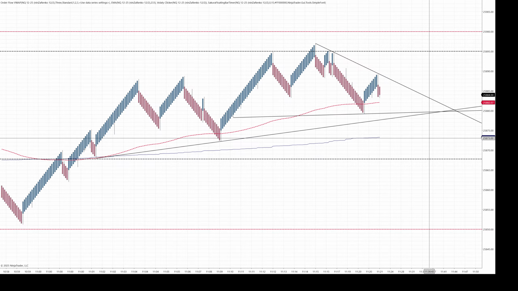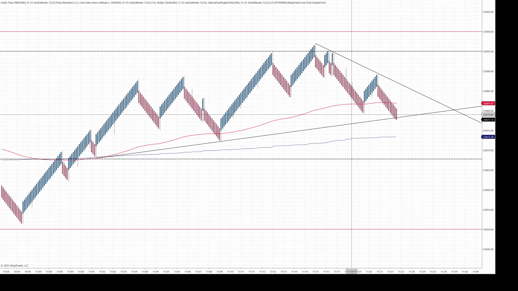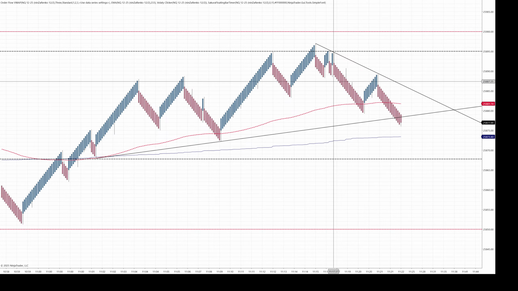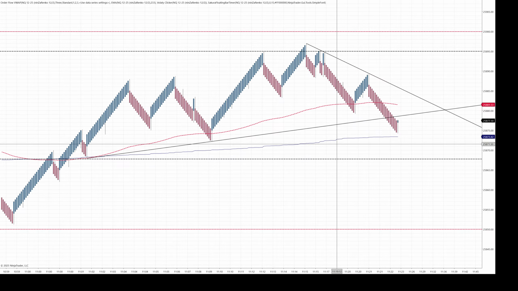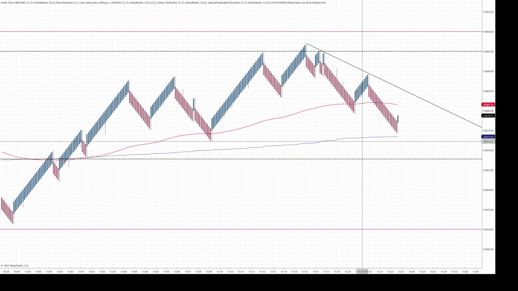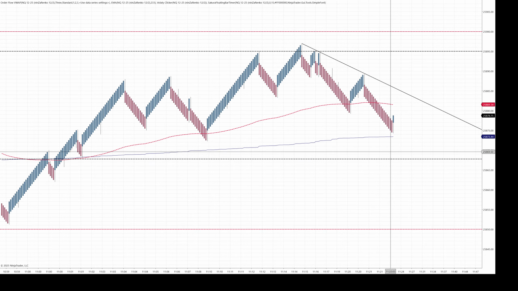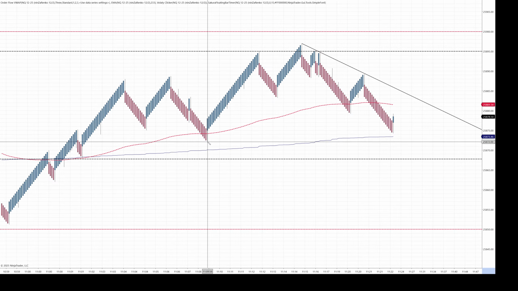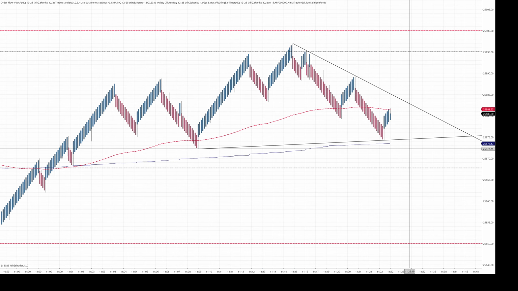Trend line is acting as resistance. And that trade wouldn't have worked anyway, so good on us for following our rules. This is our next upward trend line here.